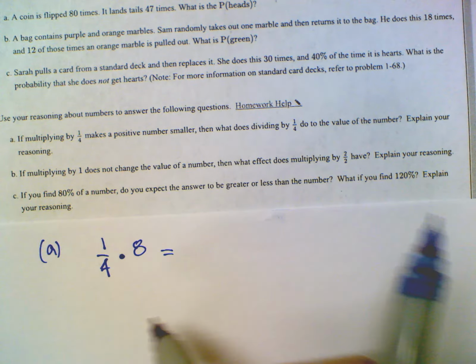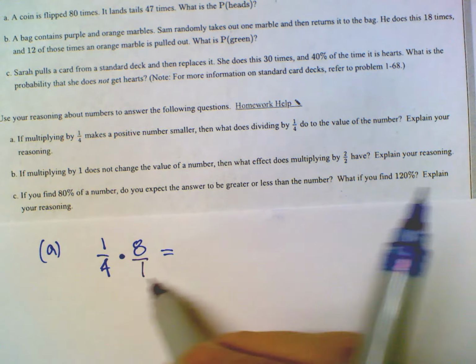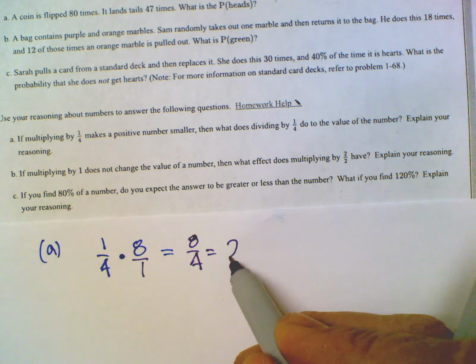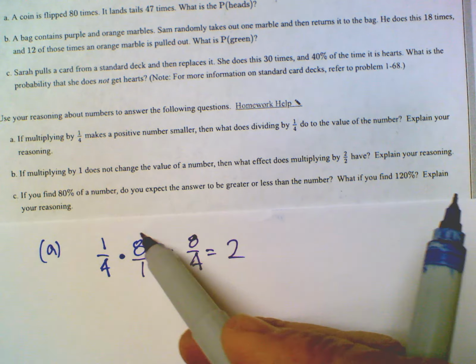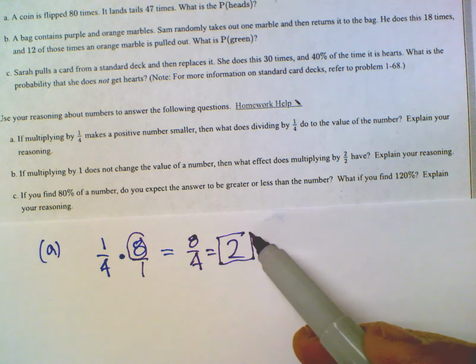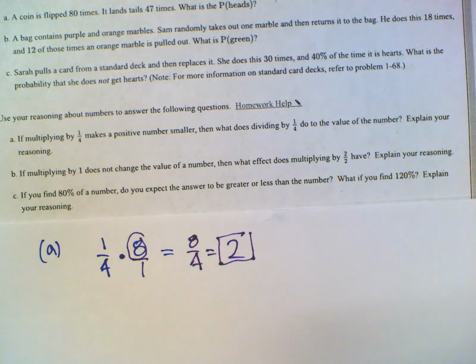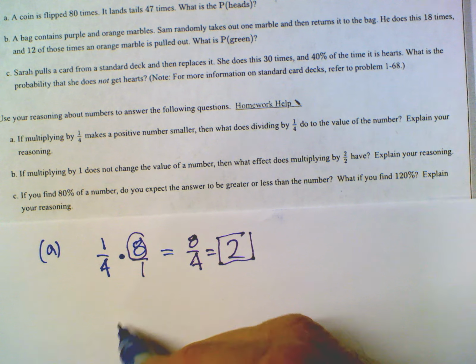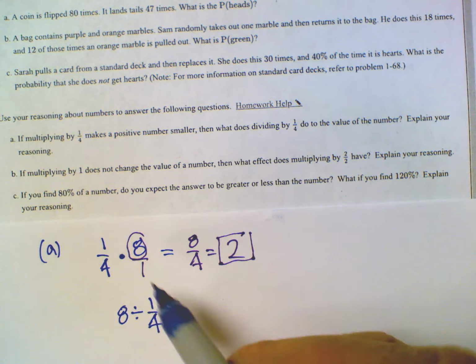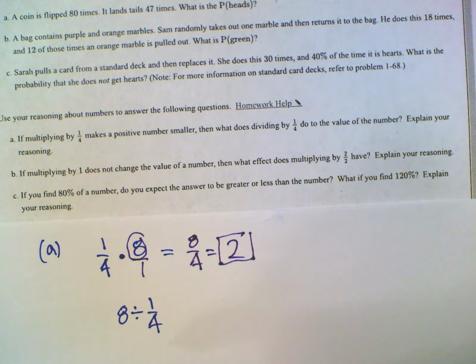So 1/4 times 8, you put the 8 over 1, and then you multiply straight across, you get 8 over 4, which then becomes 2. So I started with the number 8, I multiplied by 1/4, and my answer became 2, which, yep, that is smaller. What if I took that same number now and I divided it by 1/4? So I multiplied it by 1/4, now I'm going to divide it by 1/4. What does that mean?